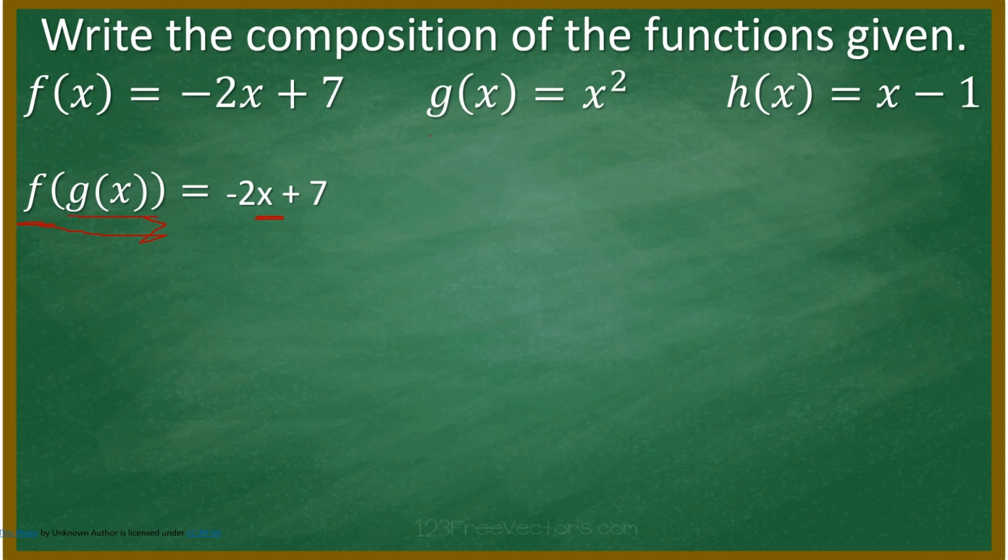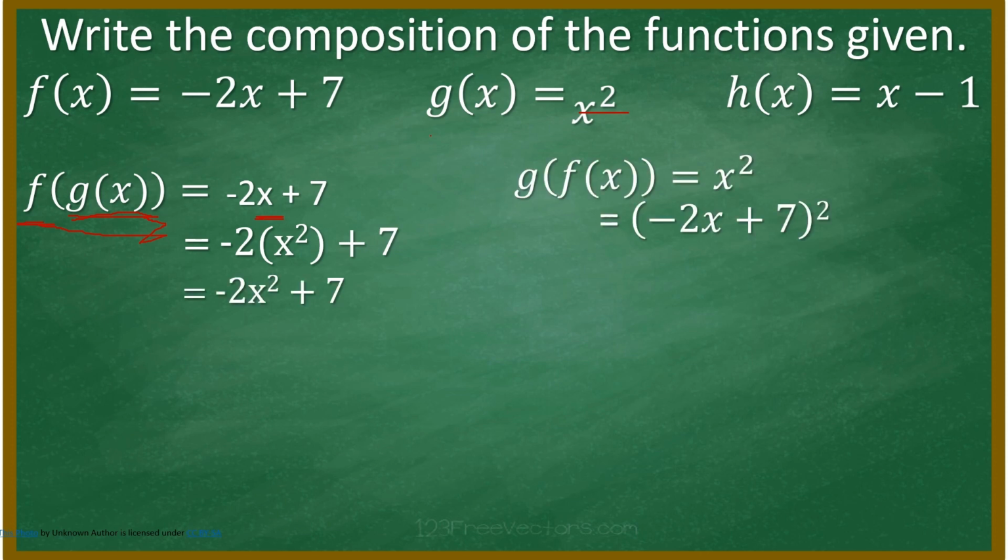In this particular case, our next function is g of x, and g of x is shown here to be x squared. So wherever we have an x, we have to change it to x squared. And we do that and just simplify, multiply, and you have your solution.